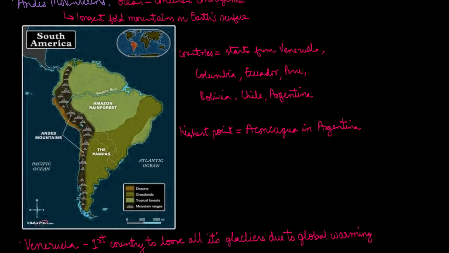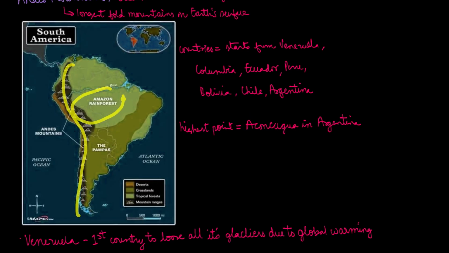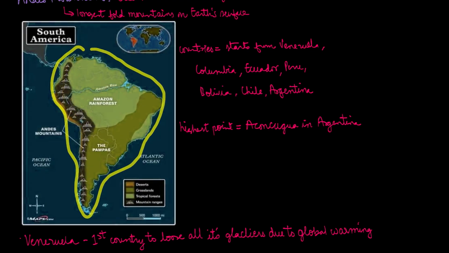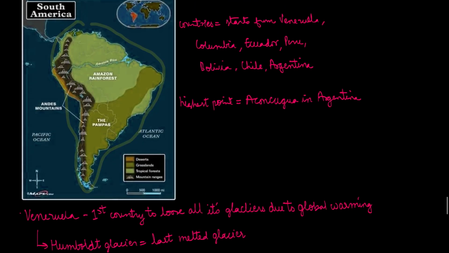The highest point of it is Aconcagua in Argentina. These are the Andes Mountains, this is the Amazon rainforest, and these are the Pampas. These are the physical features of South America. As you could have noticed, the Andes don't pass through Brazil, and there are many countries over here as well. Let me know in the comments if there's a country whose name starts with B as well.